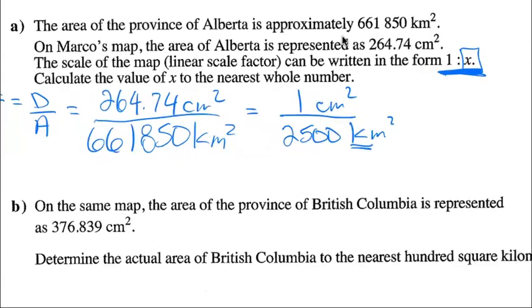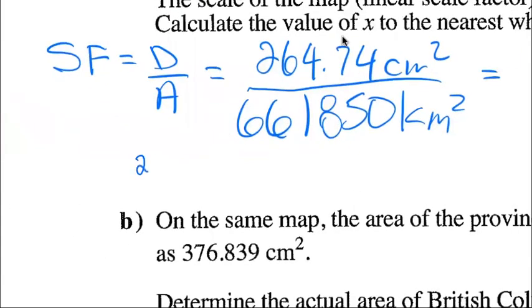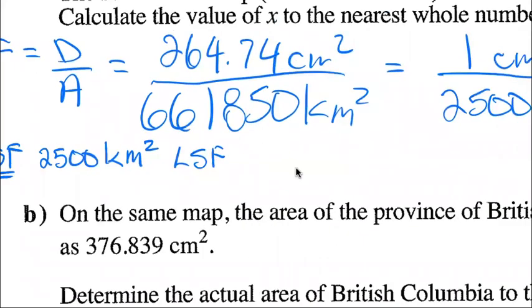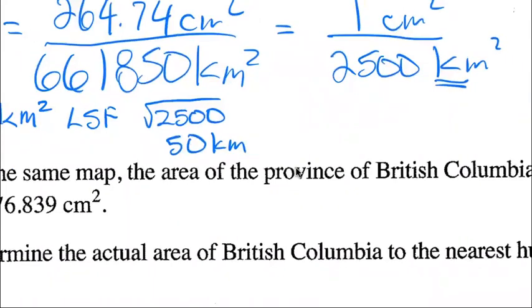Okay, so 2,500 kilometers squared is our area scale factor. To find our linear scale factor, I take the square root of 2,500. That gives me 50 kilometers. Now I convert that 50 kilometers to centimeters.